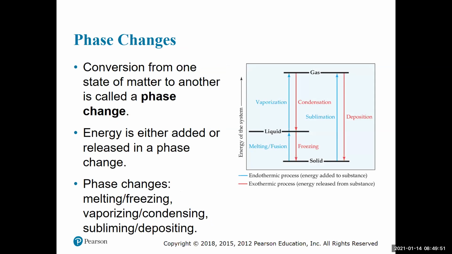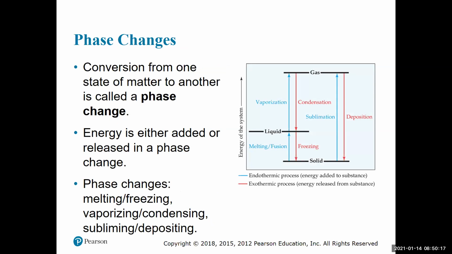So let's talk about phase changes a little bit. And so when we're talking about phase change, we're talking about taking a state of matter and converting it to another state. So in each of these, either energy is put into it or energy is given off by it.